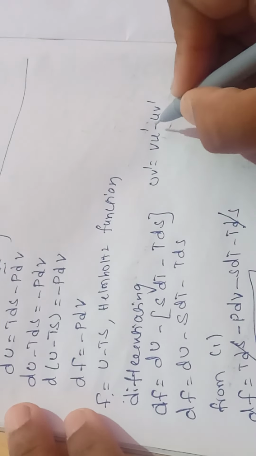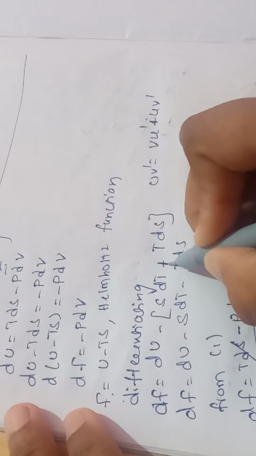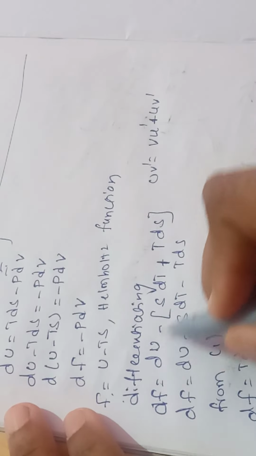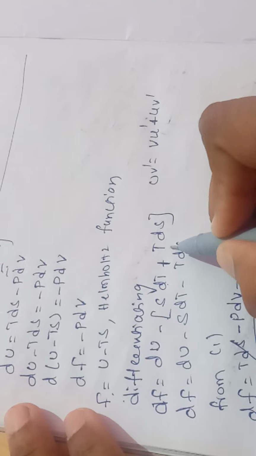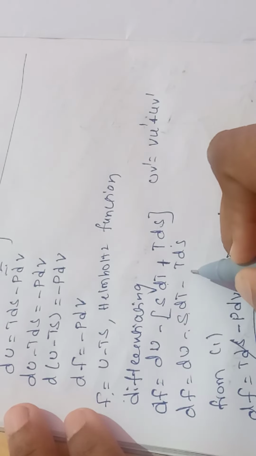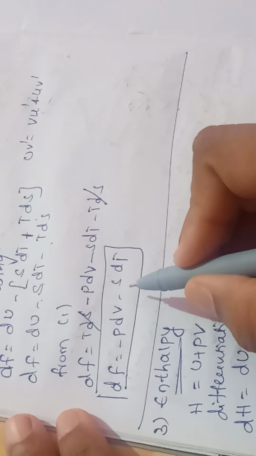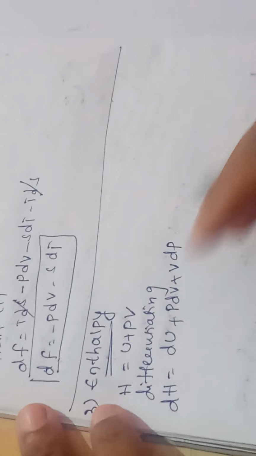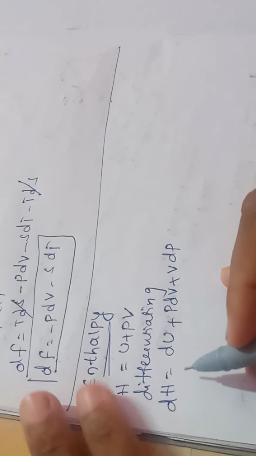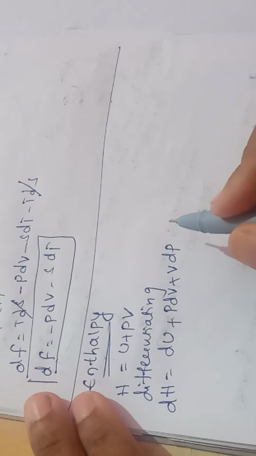Sorry, here also v u dash plus u v dash. So we get dU minus SdT minus TdS. So here we get dF equal to minus PdV minus SdT. And now dH is equal to dU plus PdV plus VdP.